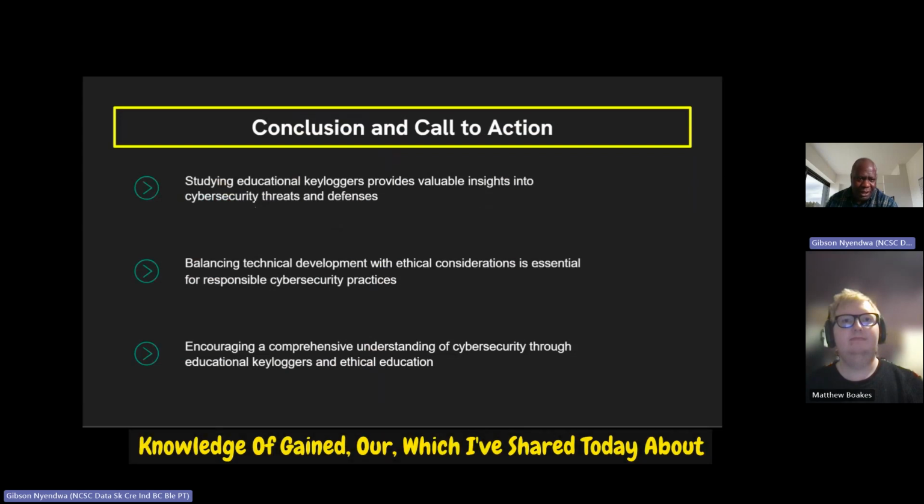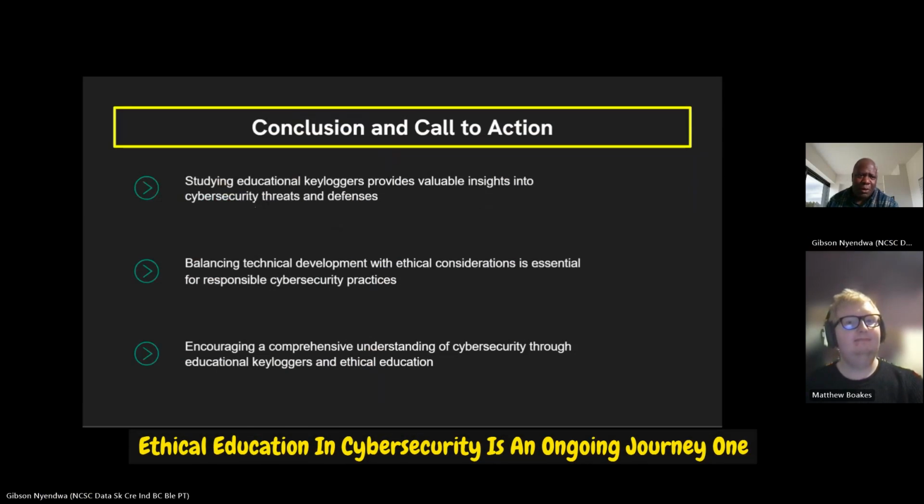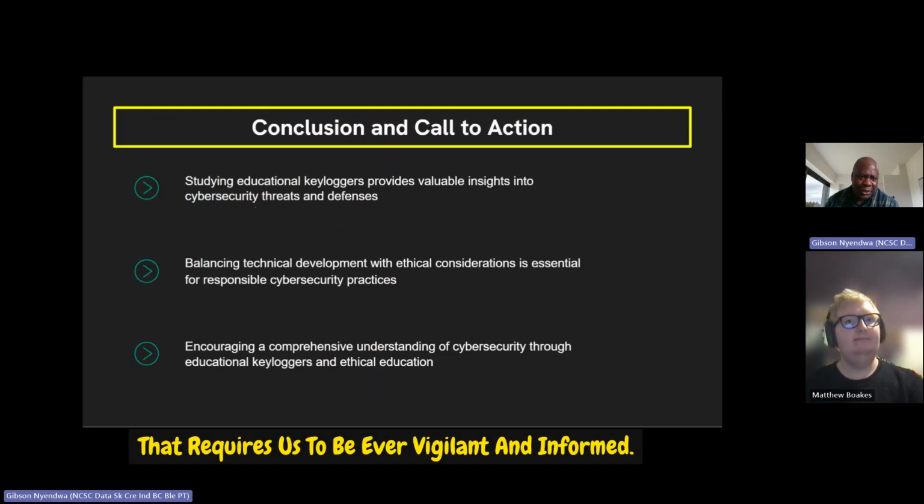The knowledge I've gained, which I've shared today about educational keyloggers, is just one piece of the puzzle. Ethical education in cybersecurity is an ongoing journey, one that requires us to be ever vigilant and informed.